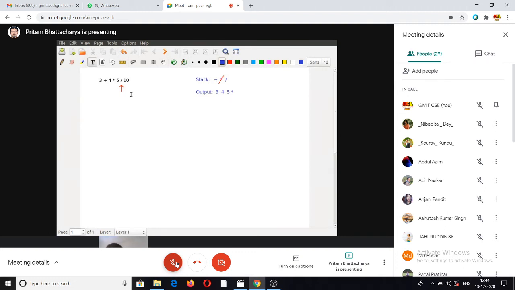Okay, I push in the division and then I move ahead. And I encounter another operand which is 10. So as I said, whenever you encounter an operand, send it directly to the output. You don't even need to go via stack or anything.